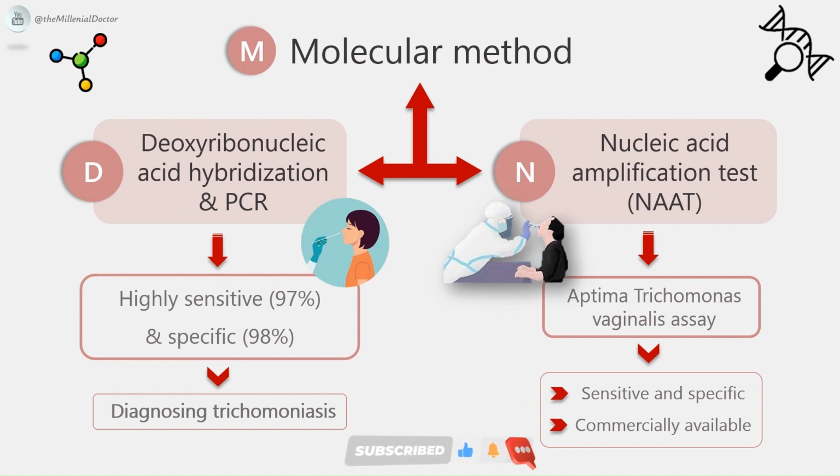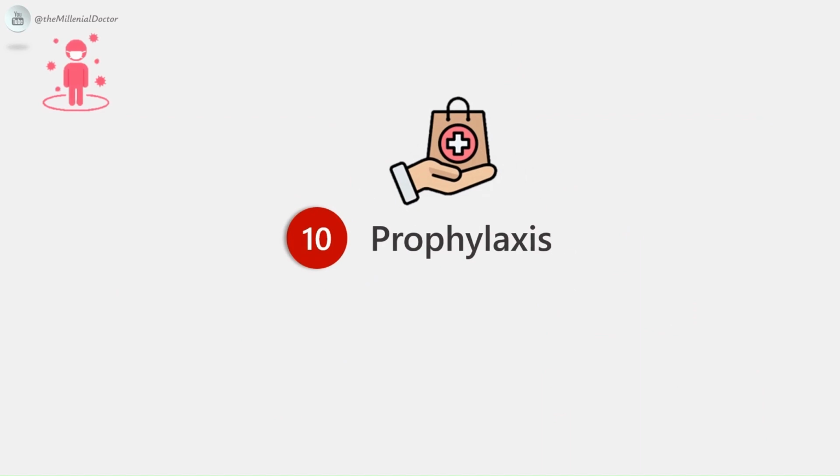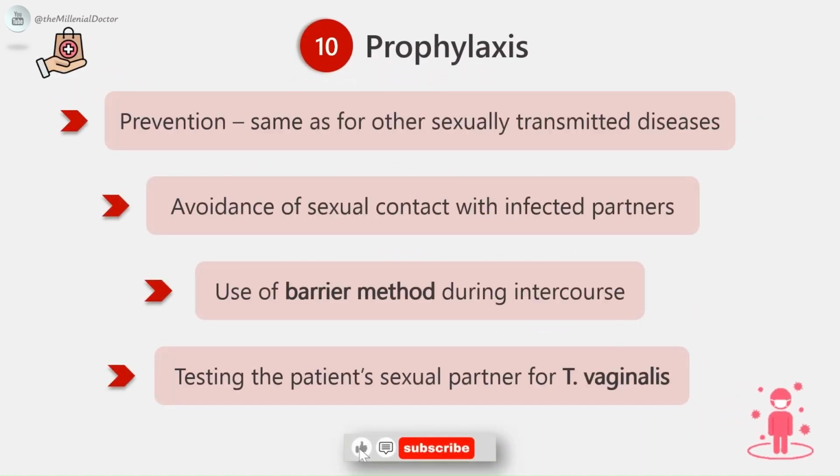Deoxyribonucleic acid hybridization and PCR are also highly sensitive, that is 97%, and specific 98% tests for the diagnosis of trichomoniasis. Sensitive and specific commercially available nucleic acid amplification test, NAAT, also known as Aptima Trichomonas vaginalis assay, has been developed.